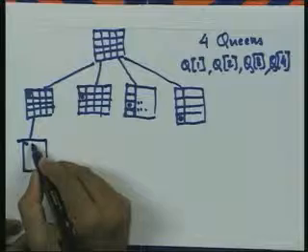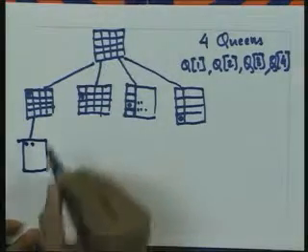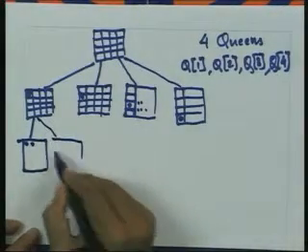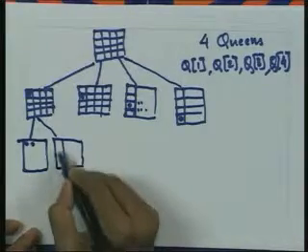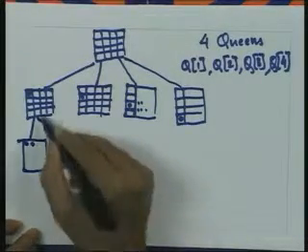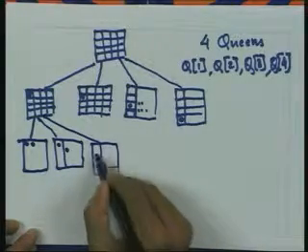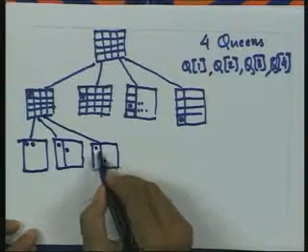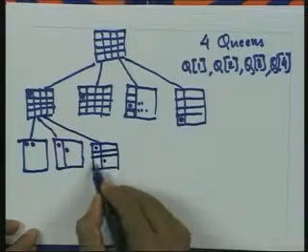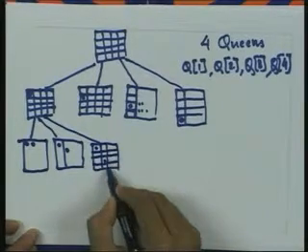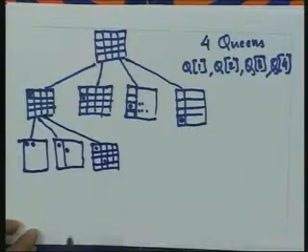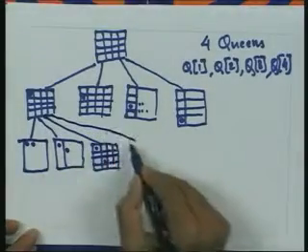The second queen could also be placed in the same row, or it could be placed in the next row, or the row after that, or finally in the last row.